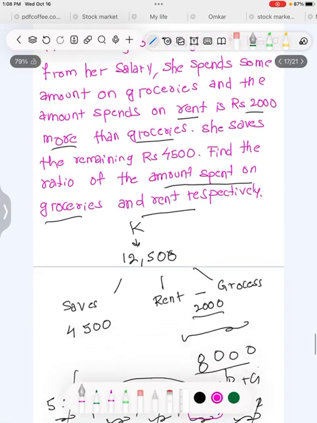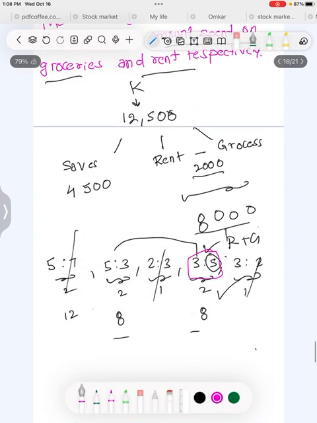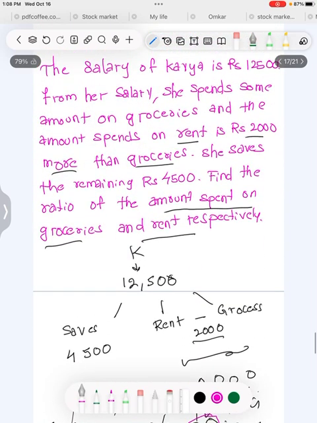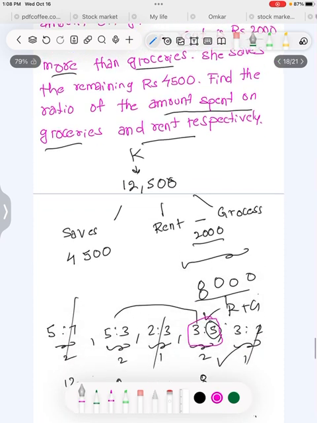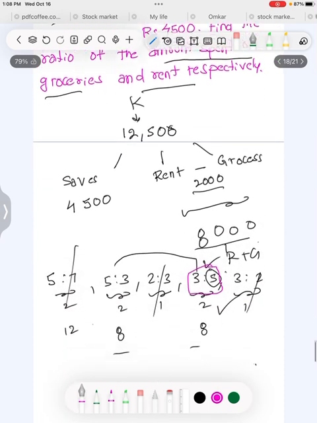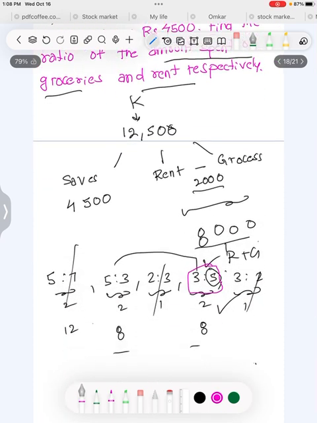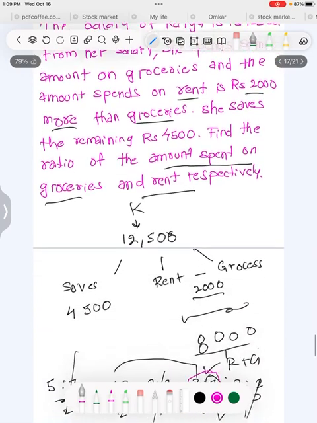So I have previously told all those doubts because all of you will get those doubts at the time of examinations. So I wanted you to clear those doubts at once. That's why I have told all those things, so that you won't get confused at the examination time also.